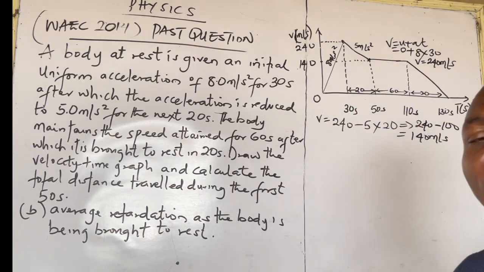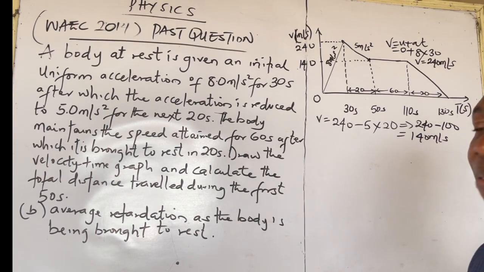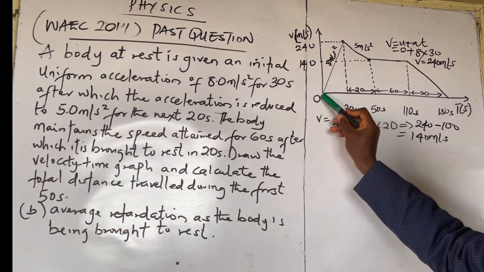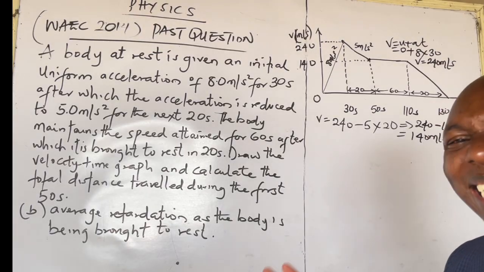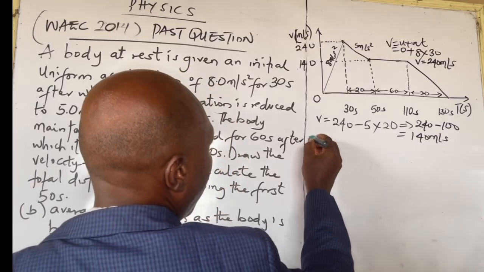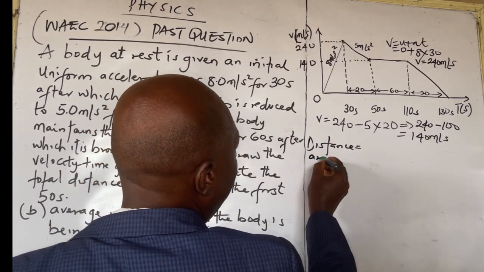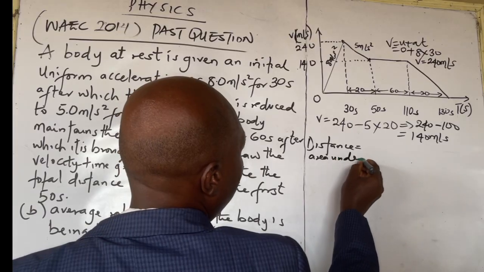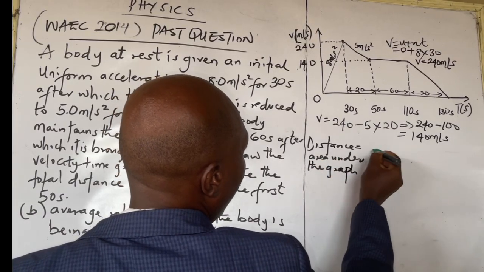So let's find the distance traveled in the first 50 seconds. So we have the area of triangle plus area of trapezium. So distance now equals area under the graph. So we want to add it.